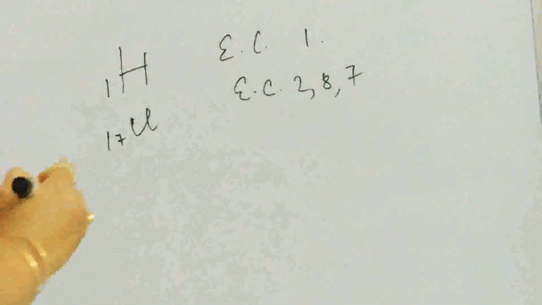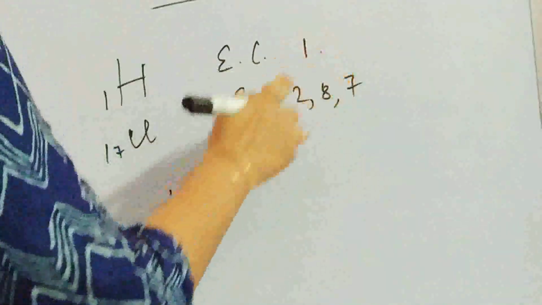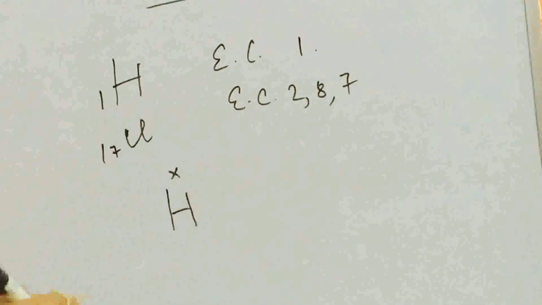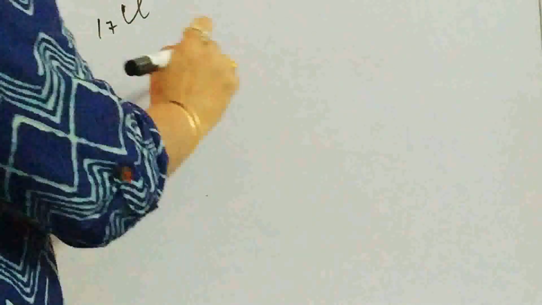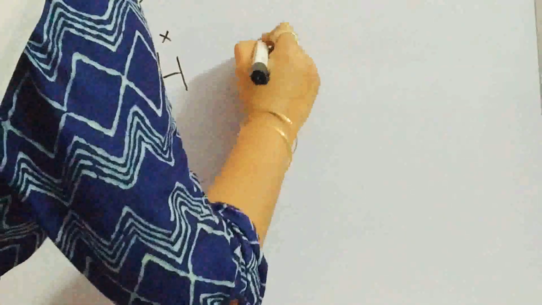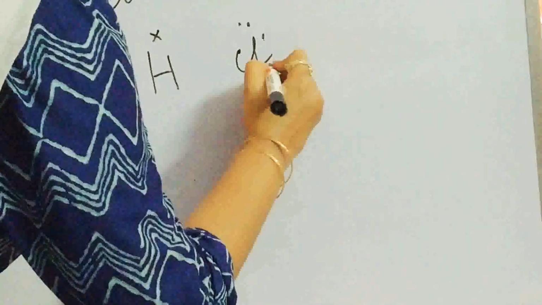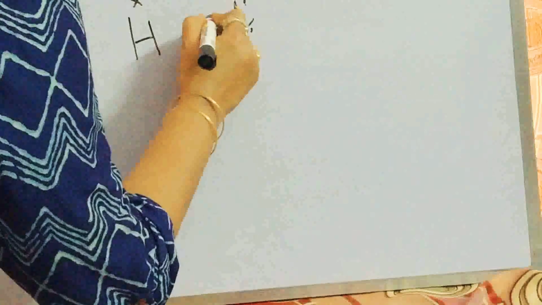Hydrogen has only one electron, so I put one cross above hydrogen to signify its electron, and I show chlorine's electrons by dots: 1, 2, 3, 4, 5, 6 and 7 electrons.